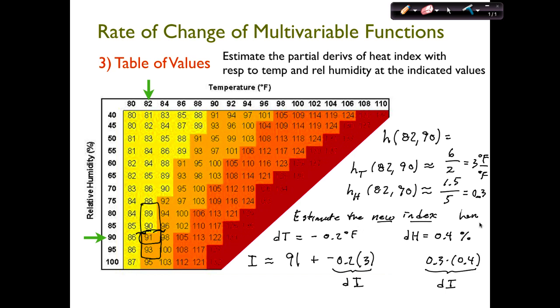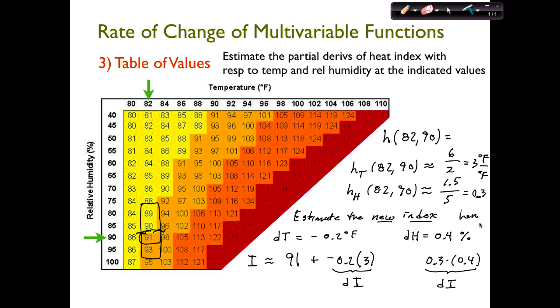Okay, so now here's what's going to happen. The temperature is going to go down 0.2 degrees Fahrenheit, and also the humidity is going to go up 0.4%. Both changes are going to happen. How would you calculate the new index if both changes occurred simultaneously?